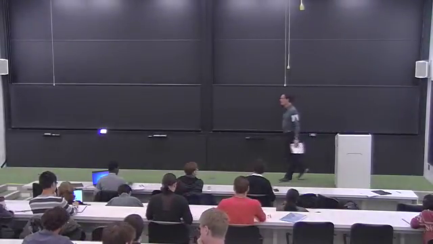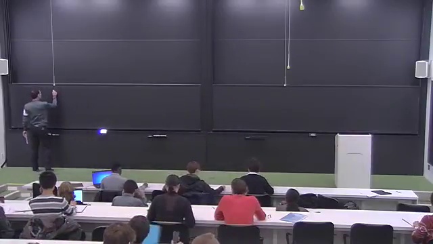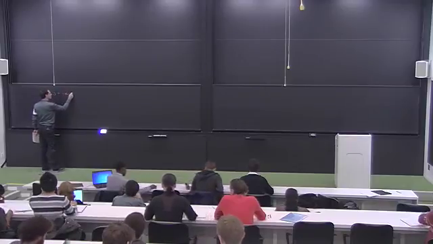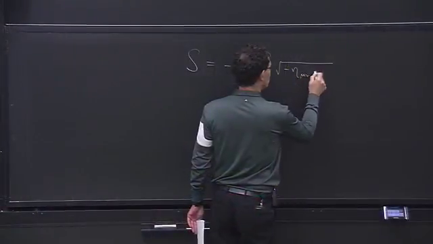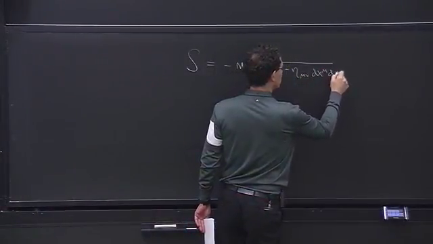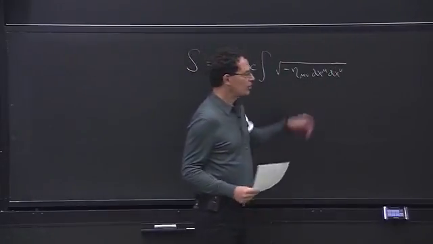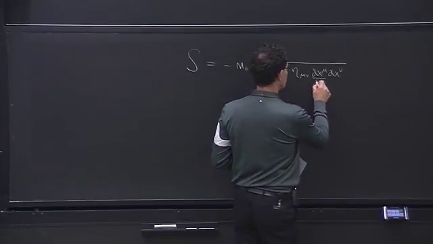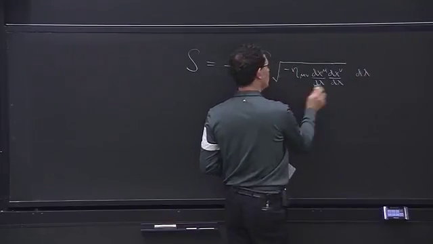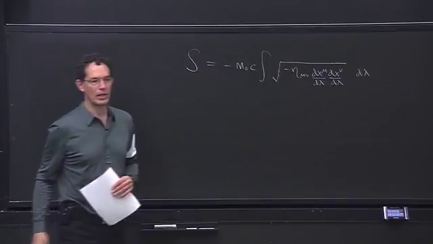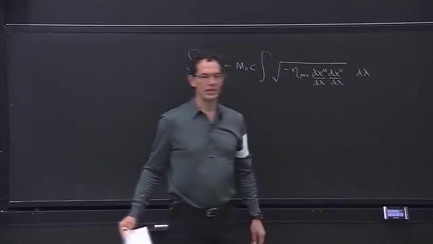Let me just remind you where we got to last time. I wrote down the action for a particle, and I wrote it this way because, well, of course, we could have introduced some parameter like that, but this expression doesn't depend on what that parameter is because the square root of these two d lambdas cancels that guy.